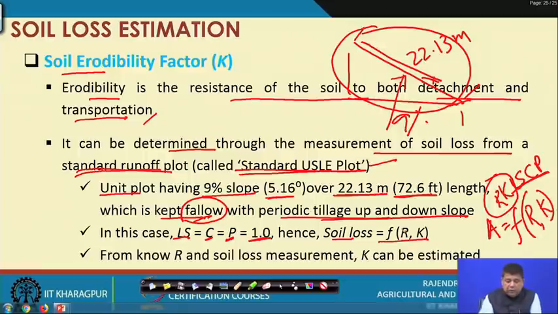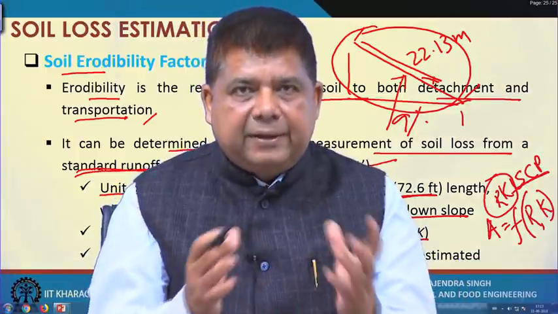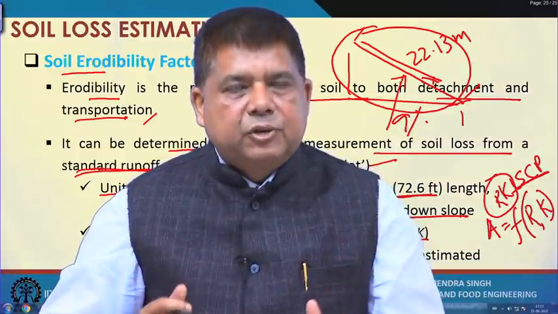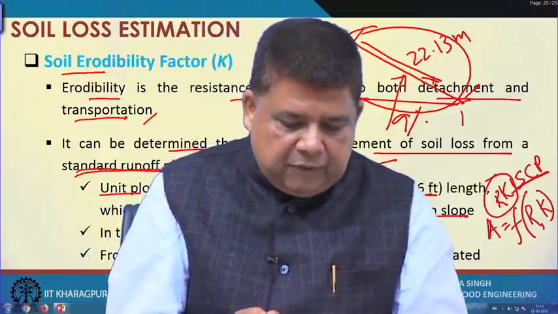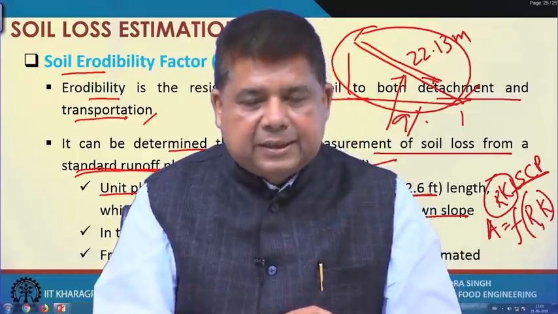So, if we are using a standard USLE plot, the soil loss becomes a function of R and K, and because for conducting experiments we can always use rainfall simulators, we will always know the rainfall intensity or rainfall pattern under which we are measuring the soil loss. That simply means it will be possible for us to estimate the value of the rainfall erosivity index.